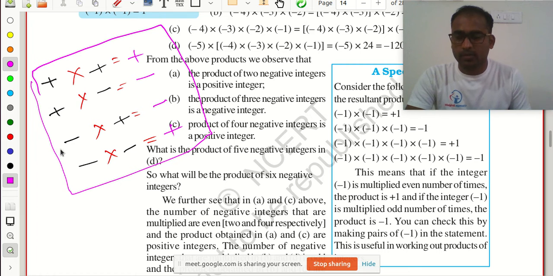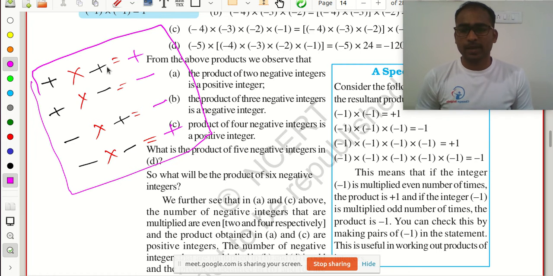So please follow this. Plus into plus is plus, plus into minus is minus, minus into plus is minus, minus into minus is plus. That is what we observed practically in our class today.